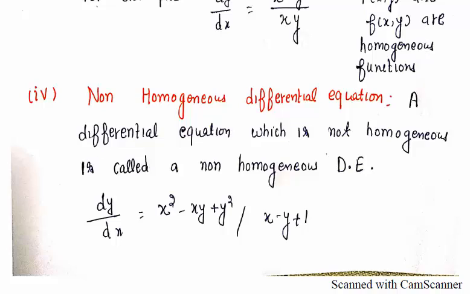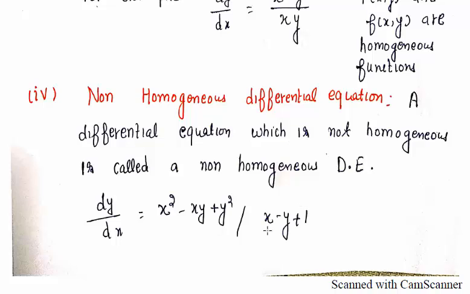For example, dy over dx equals x square minus xy plus y square over x minus y plus 1. If we check, our numerator term is x square minus xy plus y square. Power is 2, power is 2, here again the total power is 2. But the denominator term is x minus y plus 1. Power is 1, power is 1 here, and the power of the constant term is 0.